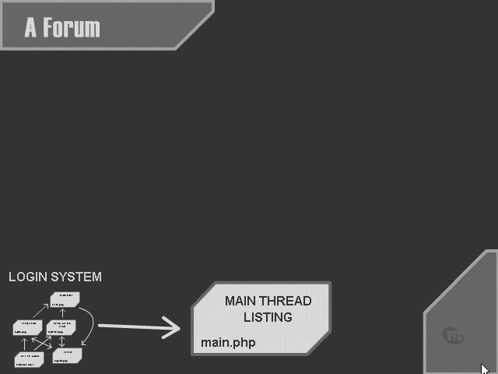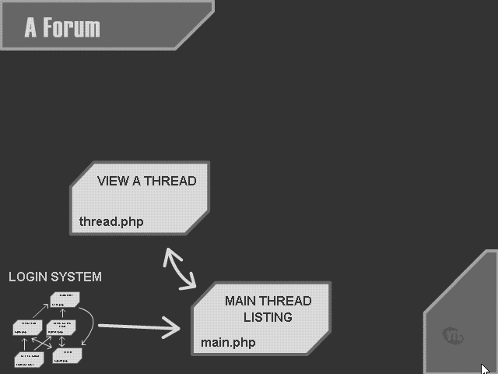Then we'll need a page where the threads will be listed so that the user can see what are the most recent threads on the forum and view any thread that they choose and make their posts from viewing the threads. So we'll need a page to view the threads.